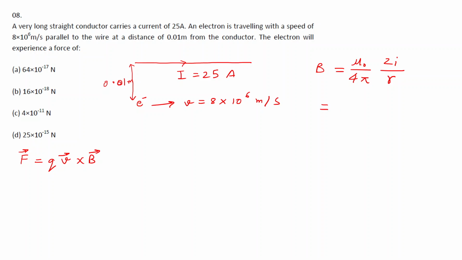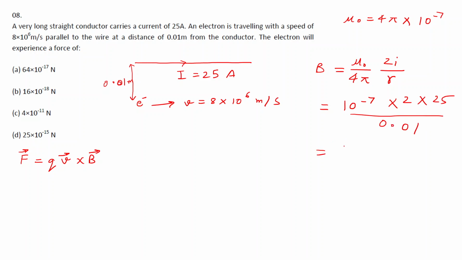Here mu naught is 4 pi times 10 to the power minus 7, the permeability of air. When we substitute, 4 pi will cancel and we're left with 10 to the power minus 7, 2 times the current, which is 25 ampere, divided by the distance, which is 0.01.